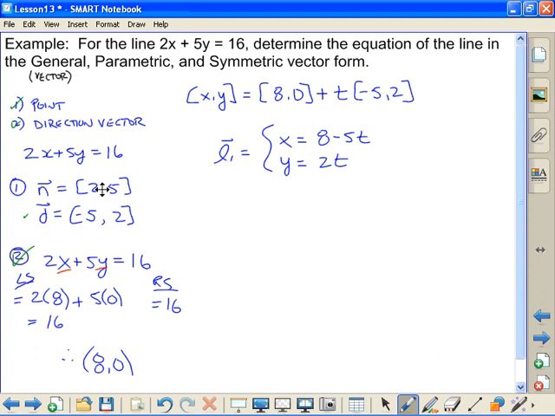And symmetric form: x minus 8 over negative 5 equals y minus 0 over 2. I'll emphasize that the y minus 0 is not needed. So there are your 3 forms: vector, parametric, and symmetric. There's the answer. All done.